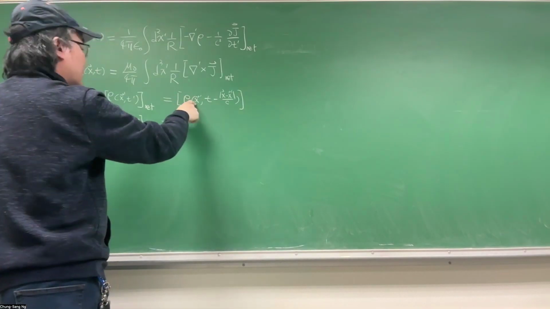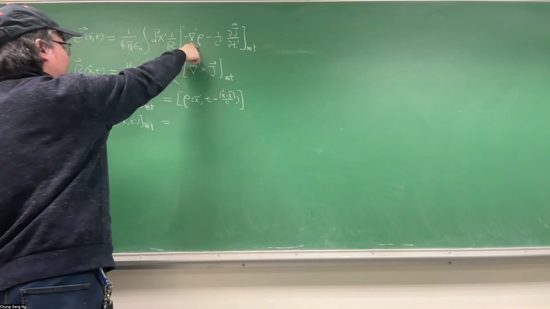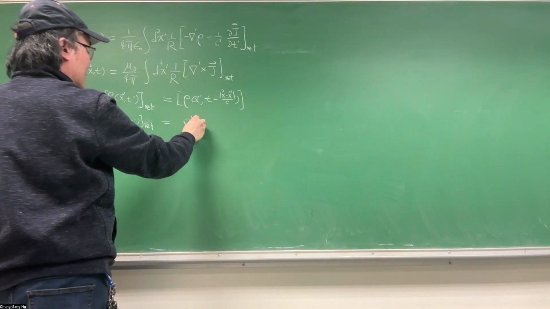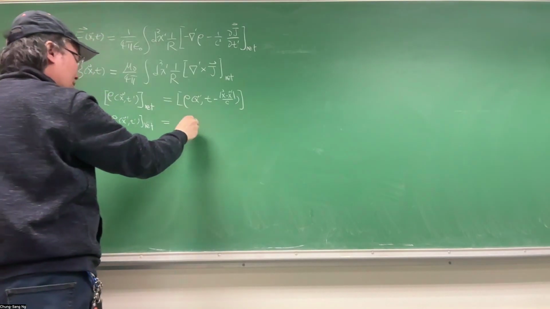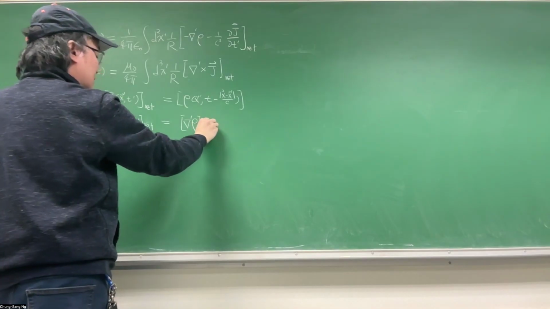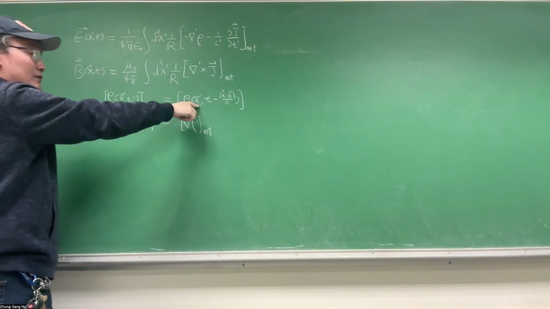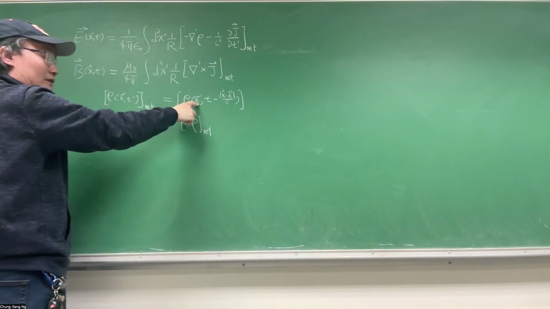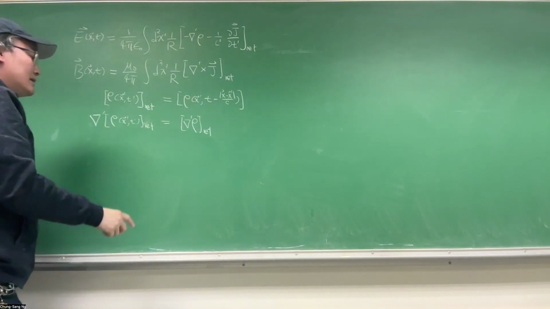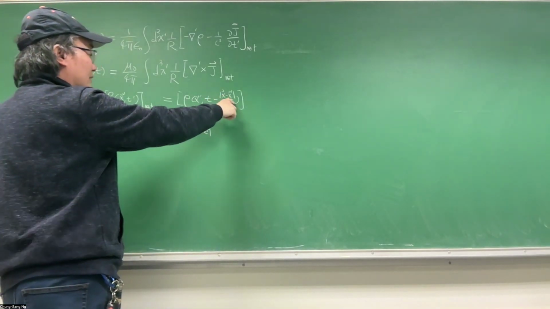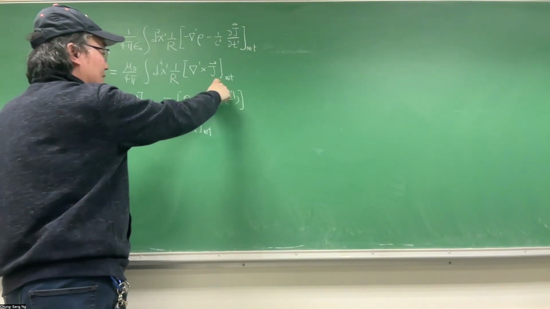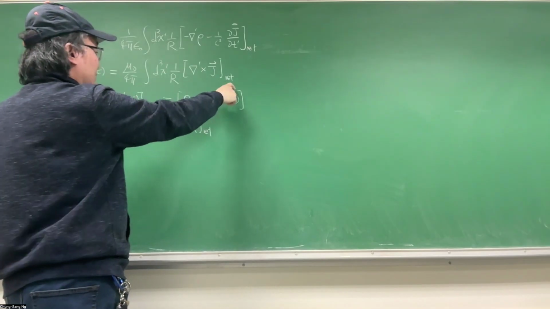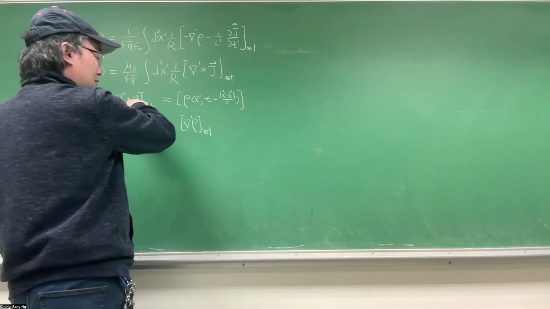The first one is taking the derivative over the first argument, exactly as we said: take the gradient prime of rho, then take the retarded. That is the first term. Then the second term operates on the second argument, which originally is t prime; you substitute t minus this distance divided by c into t prime.